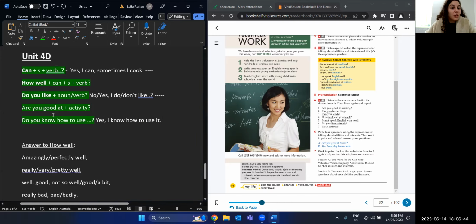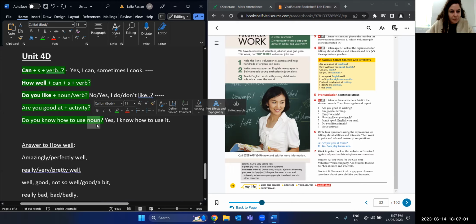Good. Do you know how to use, because AutoCAD is not an activity. It's a noun. It's like an app. Like, do you know how to use Google Maps? You know, it's not an activity.